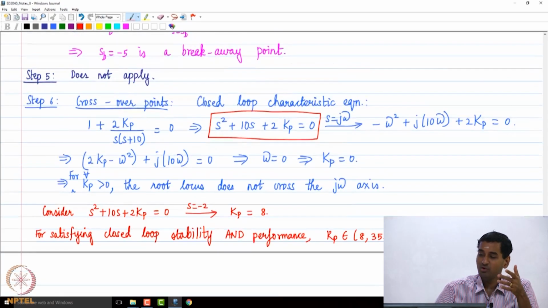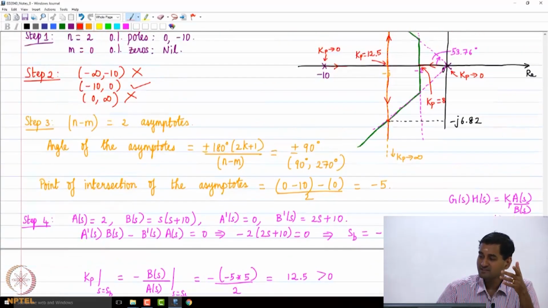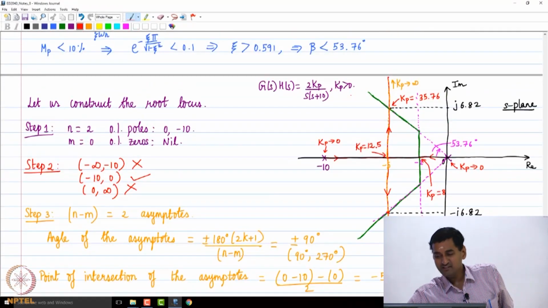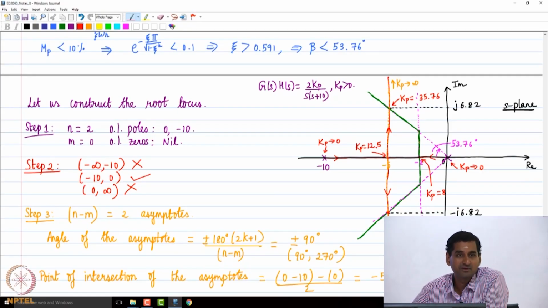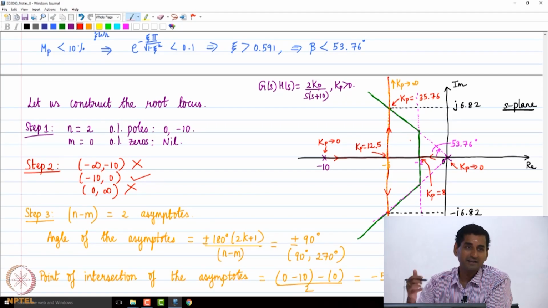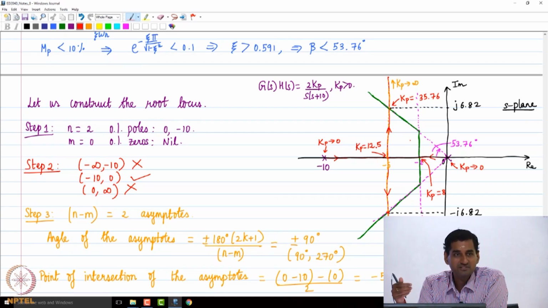And if I go back to the root locus, I would design for some Kp between 12.5 and 35.76, because by and large we would want our closed loop control systems to be slightly underdamped. So if I want to satisfy the performance specifications and closed loop stability and still design an underdamped second order system, I would choose Kp between 12.5 and 35.76.